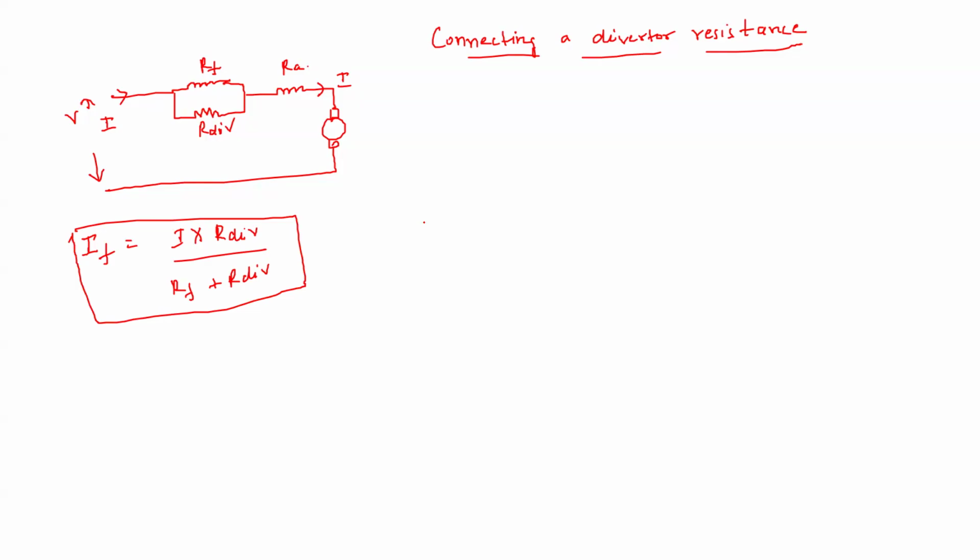Now you know that if we neglect the losses in the resistive drop, the terminal voltage gets almost balanced by the back EMF, which is equal to K phi omega. Now here K is a proportionality constant, and phi we take as proportional to field current. So this is IF omega. So what is IF? IF is now I into R diverter by RF plus R diverter.